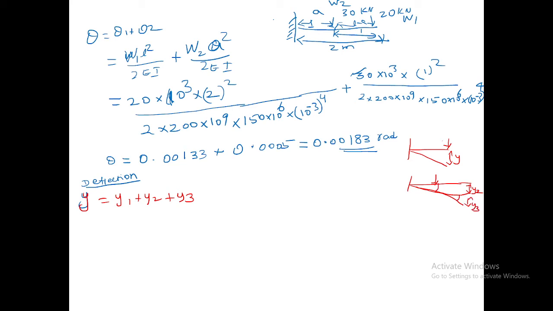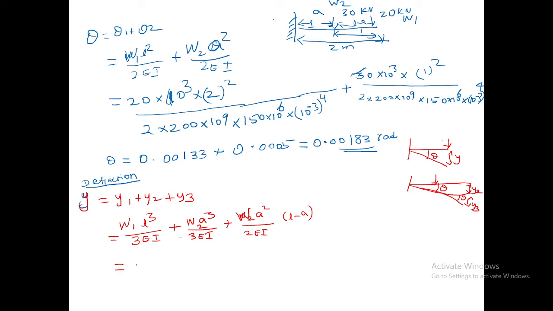So y1 equals W1 L cube divided by 3EI, plus W2 A cube divided by 3EI, plus W2 A square divided by 2EI into (L minus A). This is the total deflection.